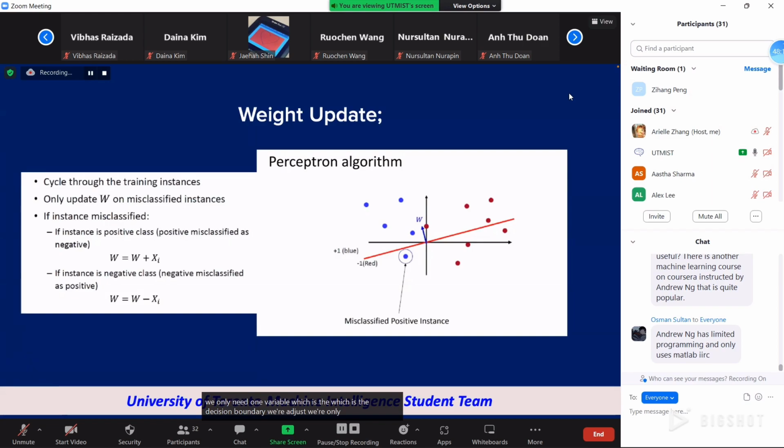We're only adjusting that to tilt it. It's not specifically saying that the left side is going to be blue and the right side is going to be red. Instead, if you look at the graph, it's saying that if a specific blue dot does not belong with the majority on the other side, we just penalize it.